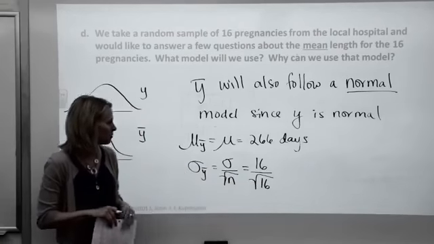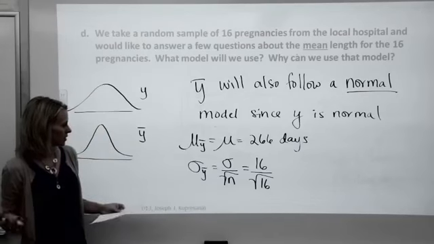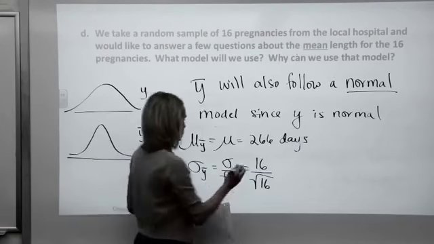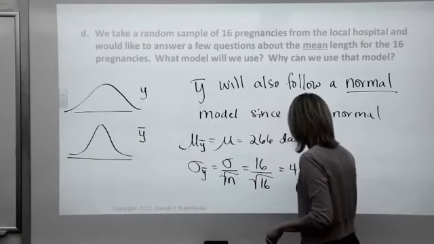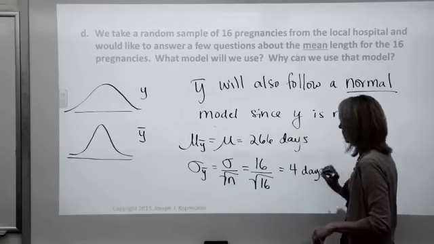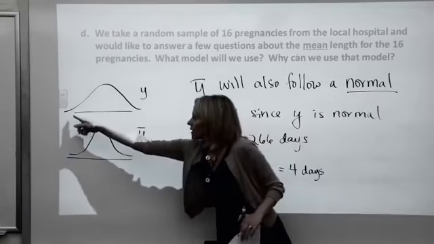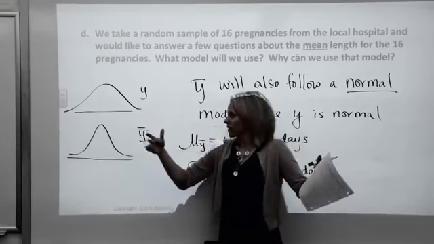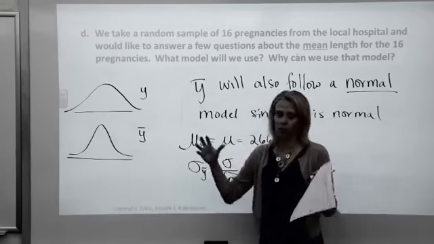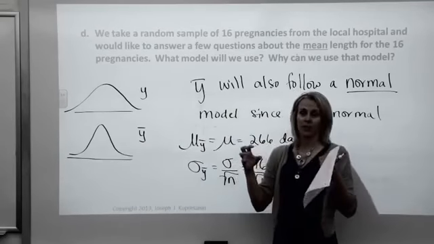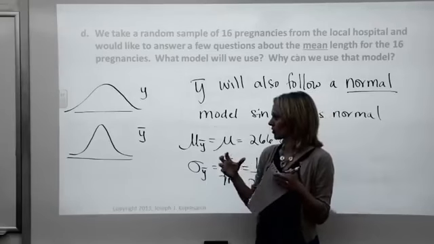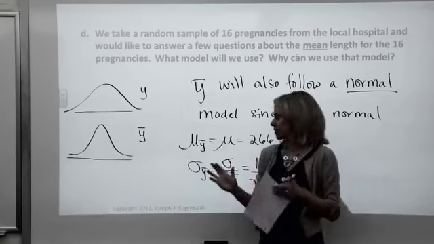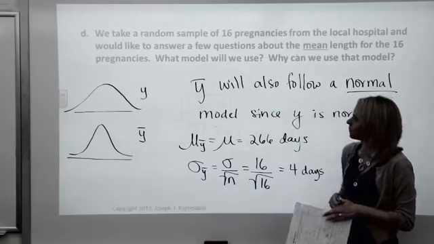We sampled 16 women. If you take 16 divided by 4, we'll get a standard deviation now of only 4 days. So individual length of pregnancies had a standard deviation of 16 days, but when I start to look at groups of 16 women, the distribution of their average length of pregnancy only has a spread of 4 days.